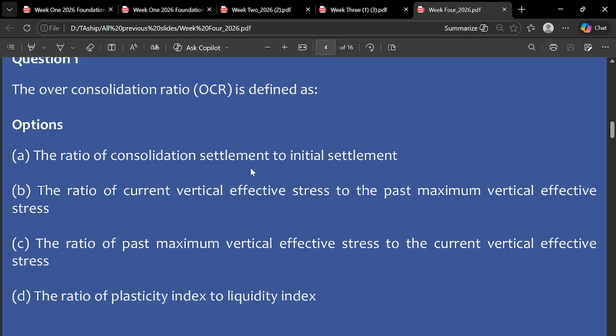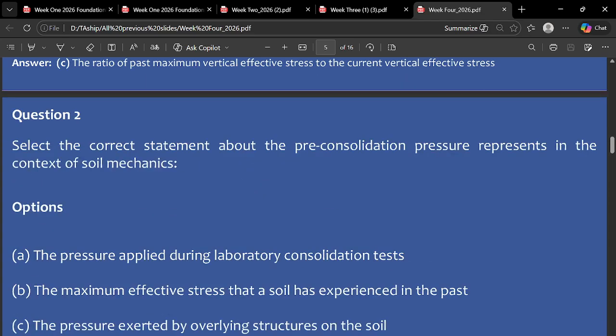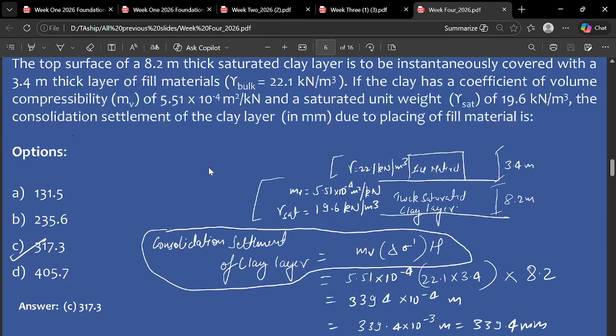That basically tells you the preliminary strength of the soil mass which is already available there. And these are some of the questions about the consolidation, over consolidation, and the pre-consolidation pressure.